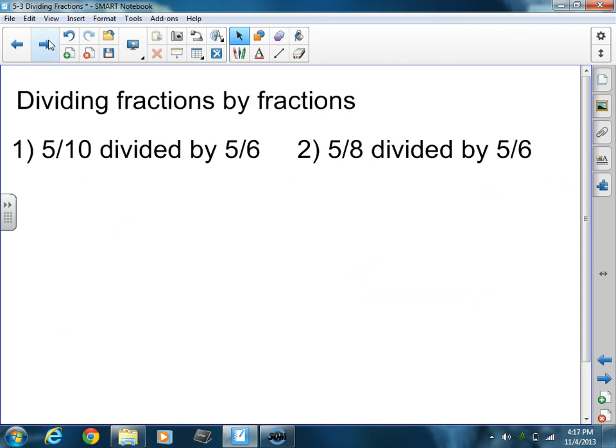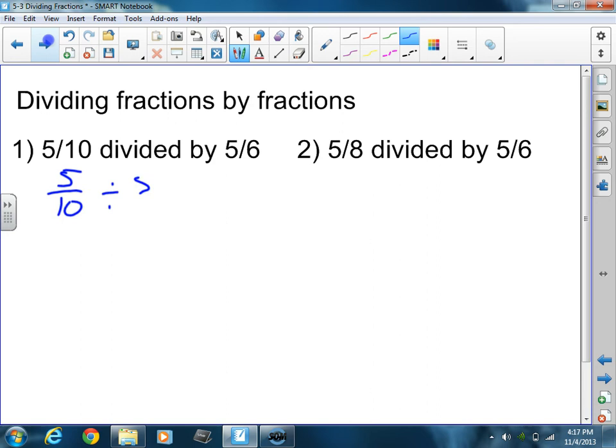Now we're going to divide fractions by fractions. It's the exact same concept here as we just did with the other two math problems. So I'm going to take 5 over 10 divided by 5 over 6. Since I'm not going to divide, I'm actually going to multiply. I'm going to take 5 over 10, keeping the first fraction the same.